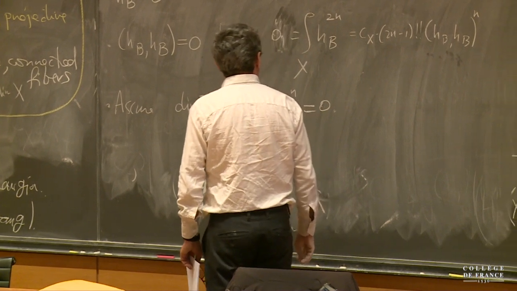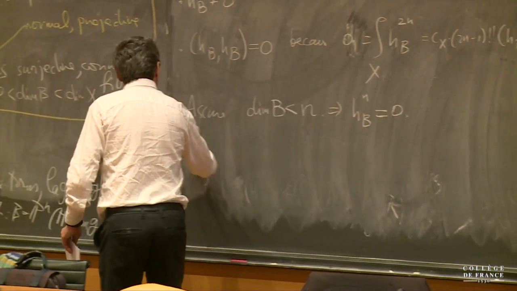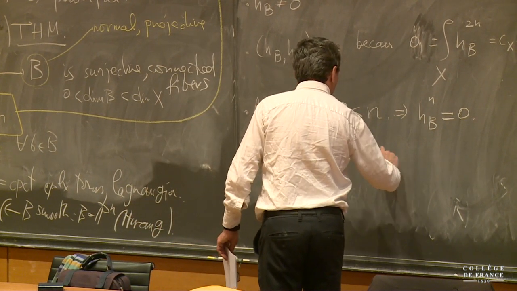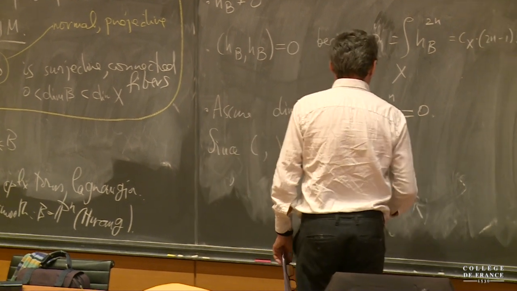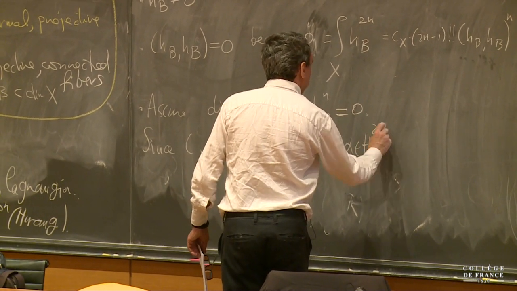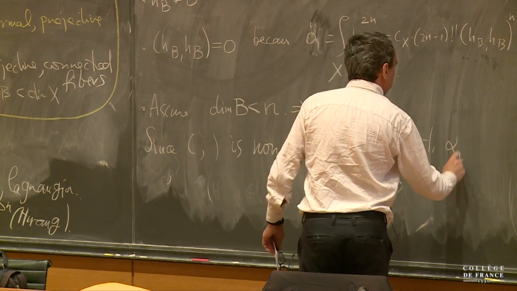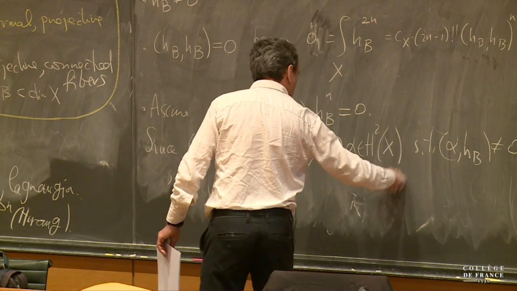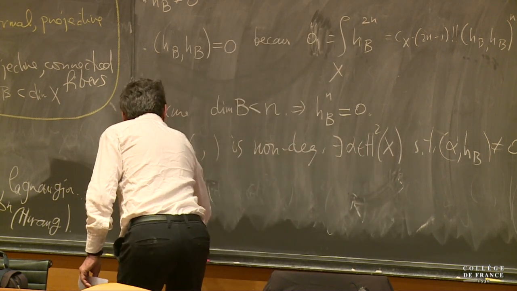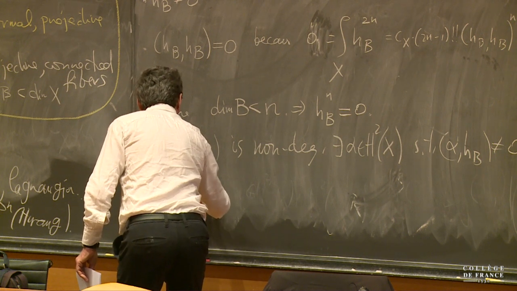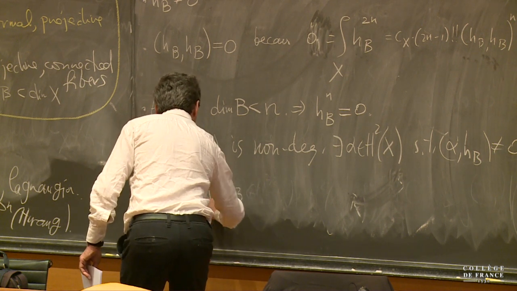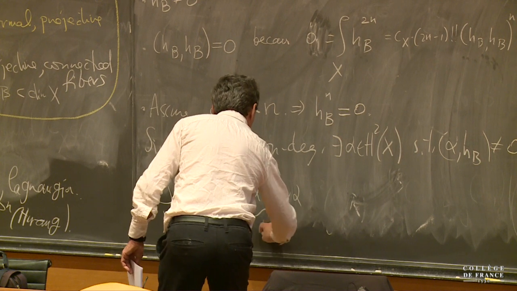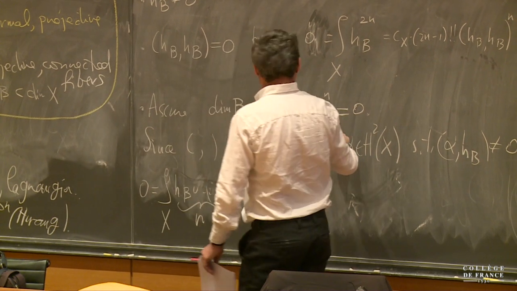But since this quadratic form is non-degenerate, there exists a class alpha in H^2 of X such that the form of alpha and H_B is different from 0, because H_B is not 0. Now we compute the integral over X of H_B with itself n times, coupled with alpha n times. This is 0 because H_B to the n is 0.